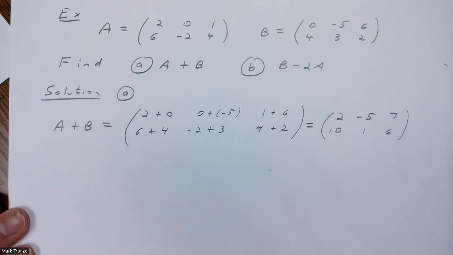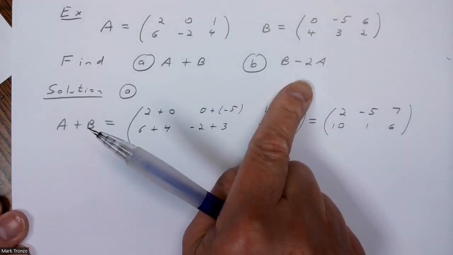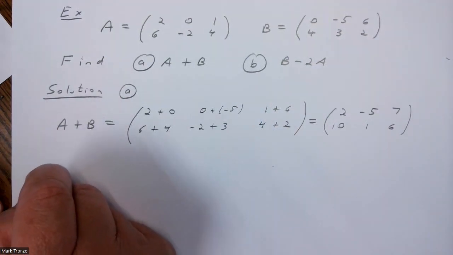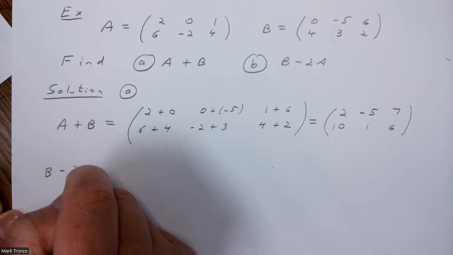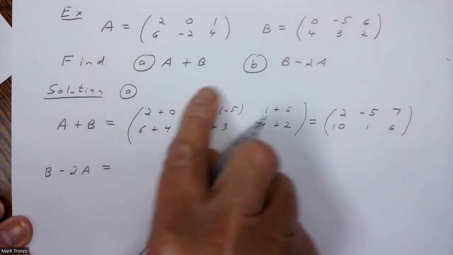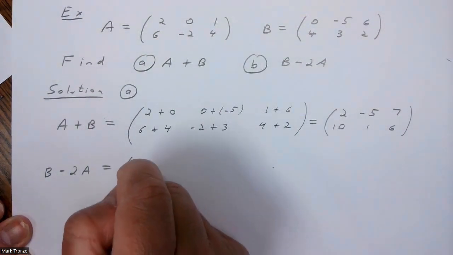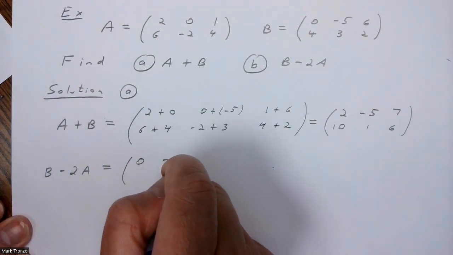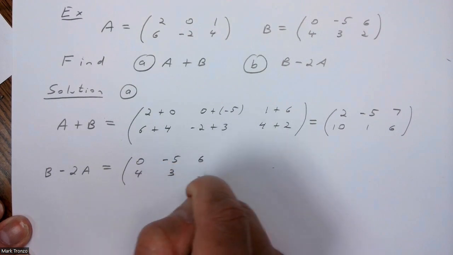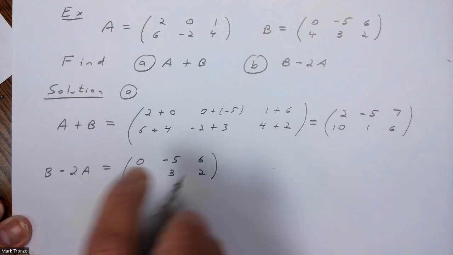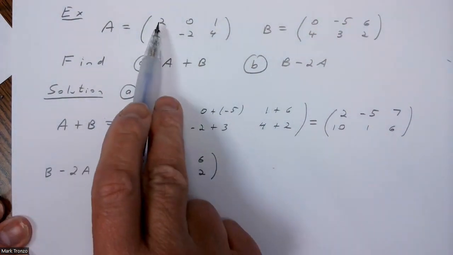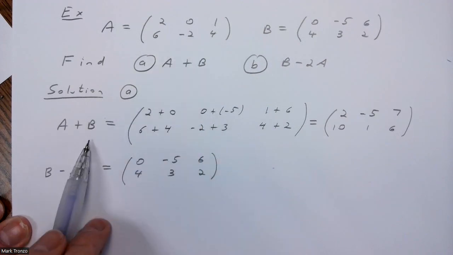Now, the next part says do B minus 2A. And so let's go ahead and do this. So that's going to be this one here, 0, minus 5, 6, 4, 3, 2. And then minus 2A, that means we're going to multiply this one times 2.